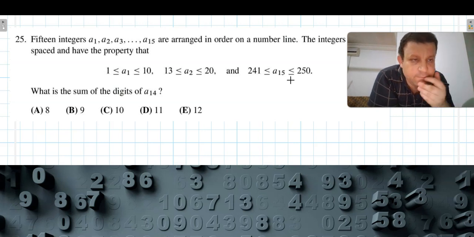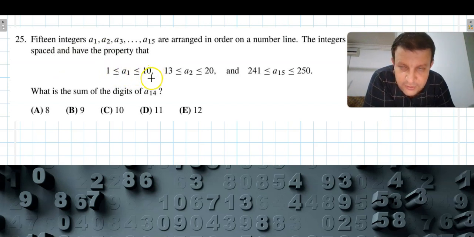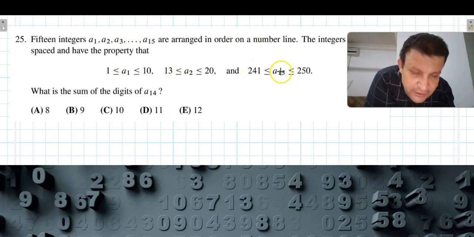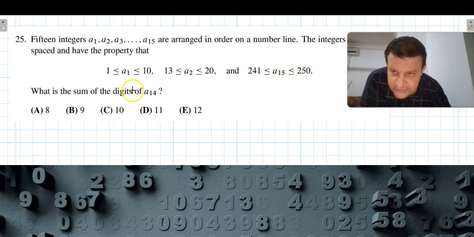So it's an arithmetic series. We have the property that A1 is between 1 and 10, A2 is between 13 and 20, A15 is between 241 and 250. What is the sum of the digits of A14?